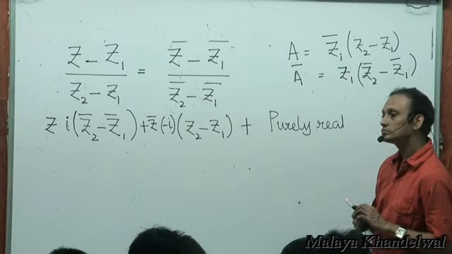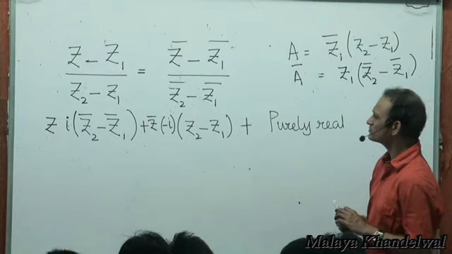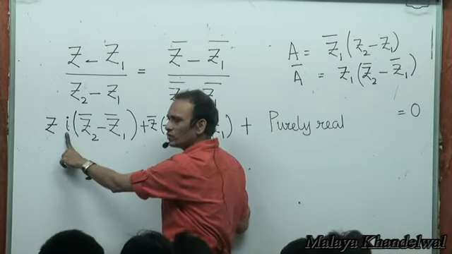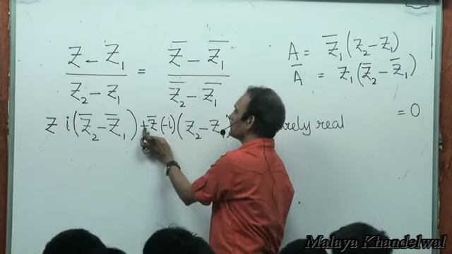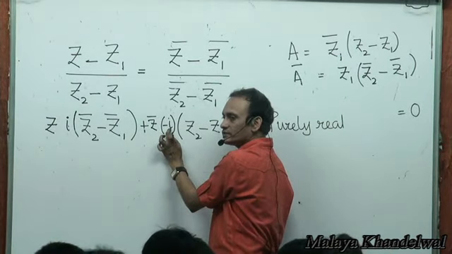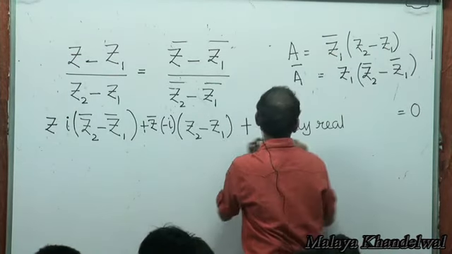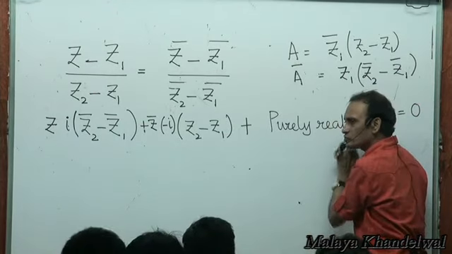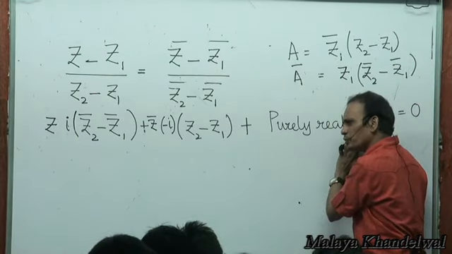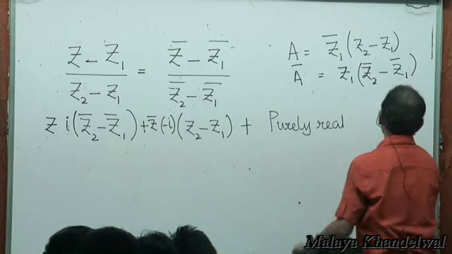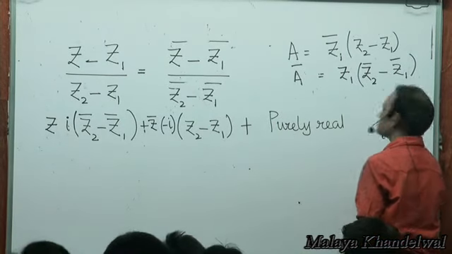Yes or no? No, I just multiplied the whole thing with i. See, these two terms I have not tinkered. The minus sign I have just clubbed with an i. The expression remains the same. And that purely imaginary number was multiplied with i. It will become purely real. Because that purely imaginary number was of the form i times y.